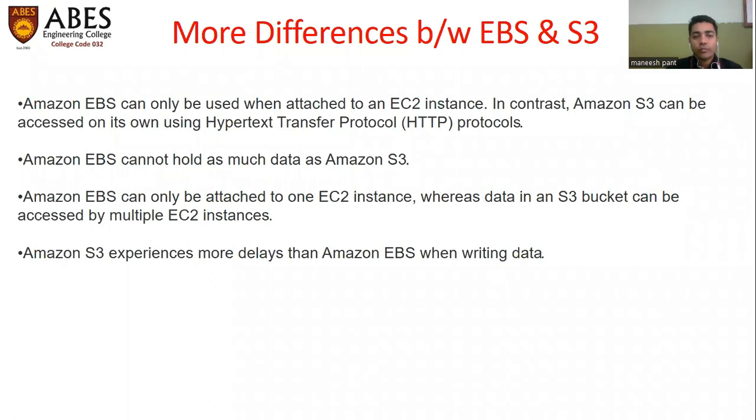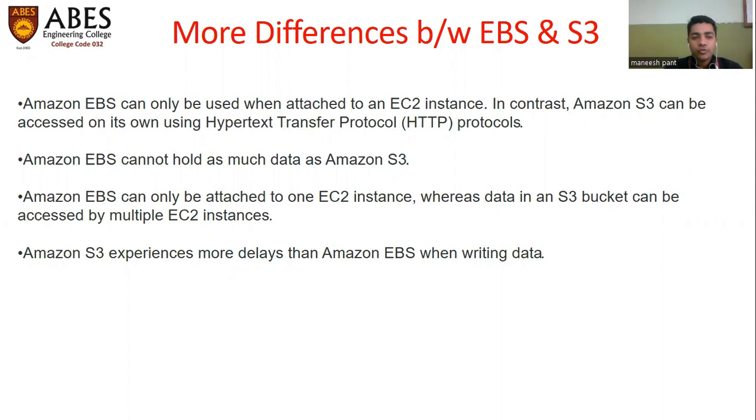Now there are some more differences we can have between EBS and S3. The first point is Amazon EBS can only be used when attached with an EC2 instance. S3 is an entity by itself.